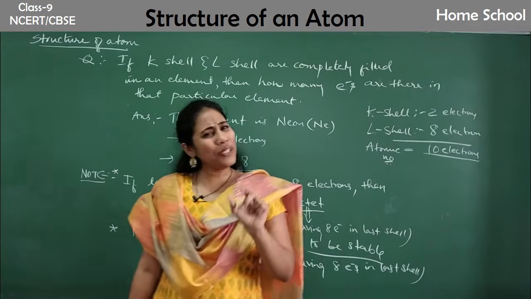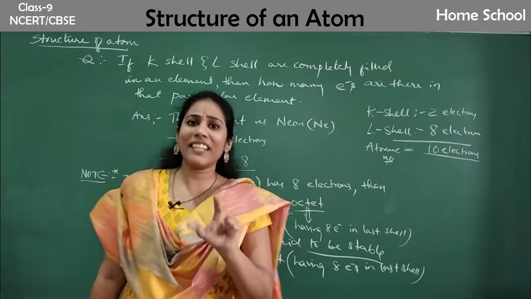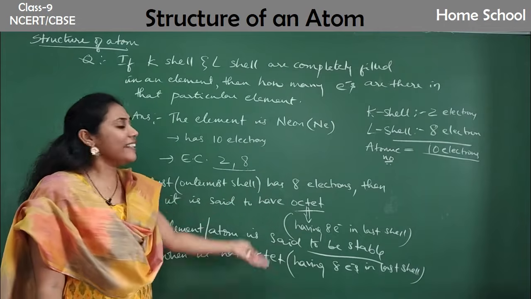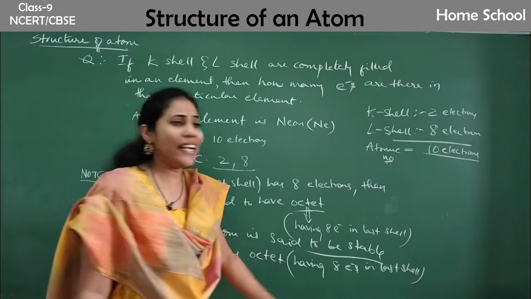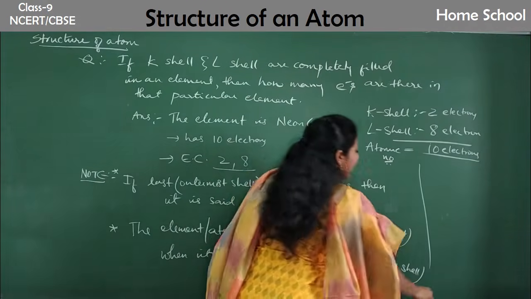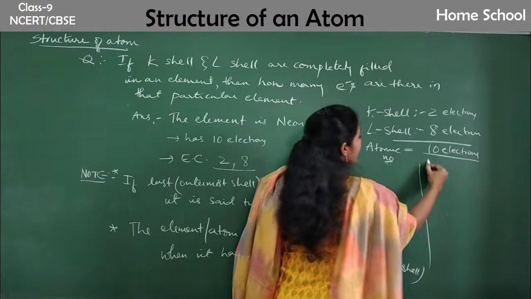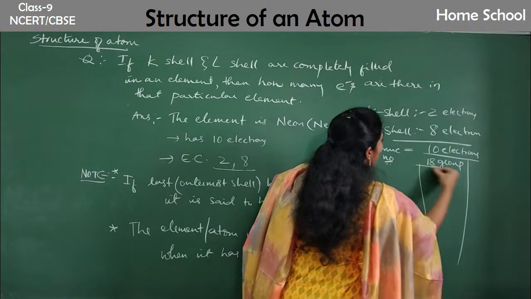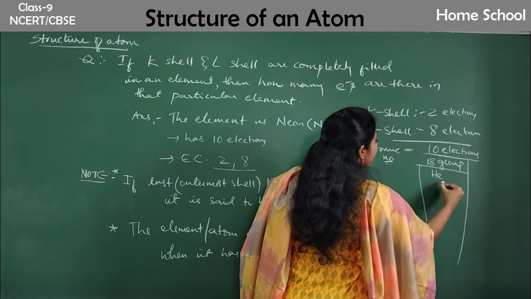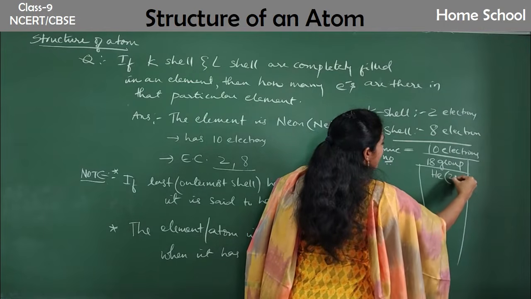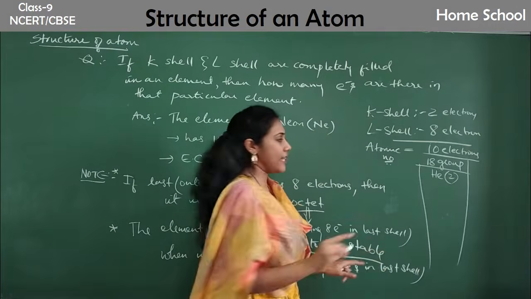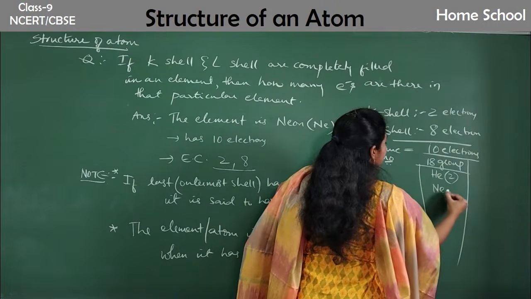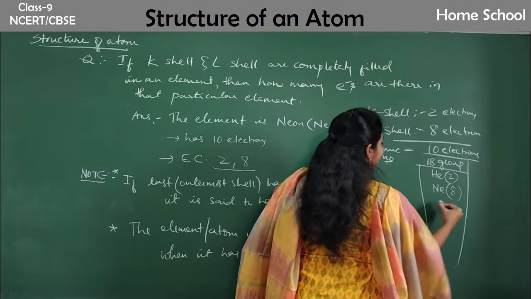See, only a few atoms in nature are stable, just like neon. You know what type of atoms are stable in the periodic table? The 18th group elements. What are the 18th group elements? First element is helium. In the last shell you will find 2 electrons actually. Next element is neon. Last shell has 8 electrons.